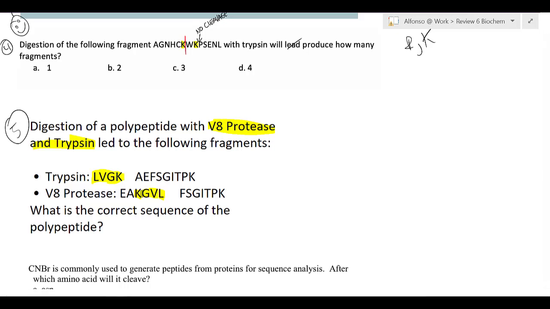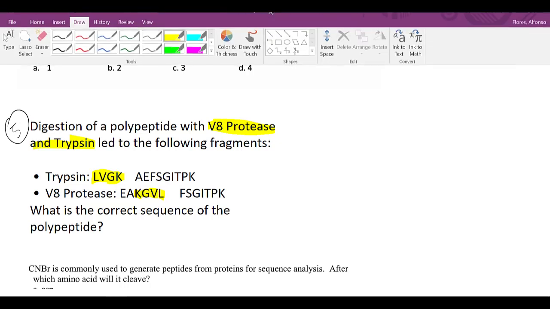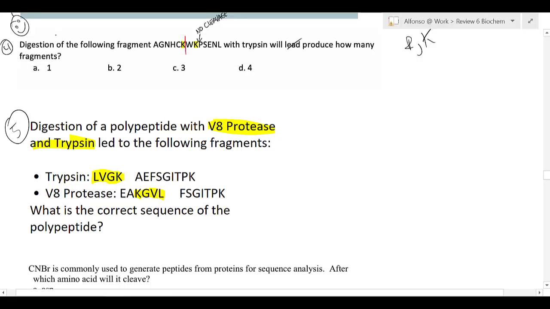It's okay that it's written backwards, because polypeptides, you can rotate them. Does that make sense? Are there any questions so far? So if you're given a few digested sequences, find the smallest sequence, and then that smallest sequence, find it in a larger sequence. And that's how you're able to piece together the correct sequence of the amino acids.